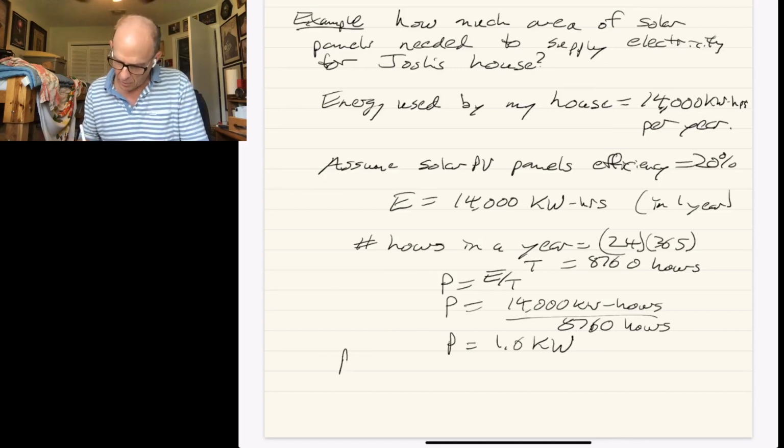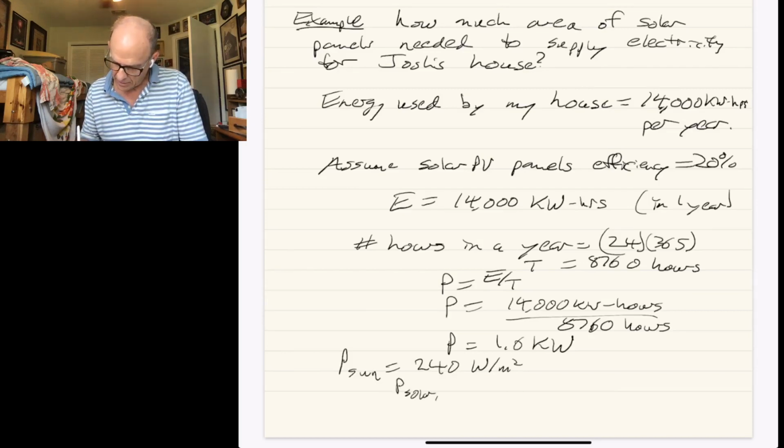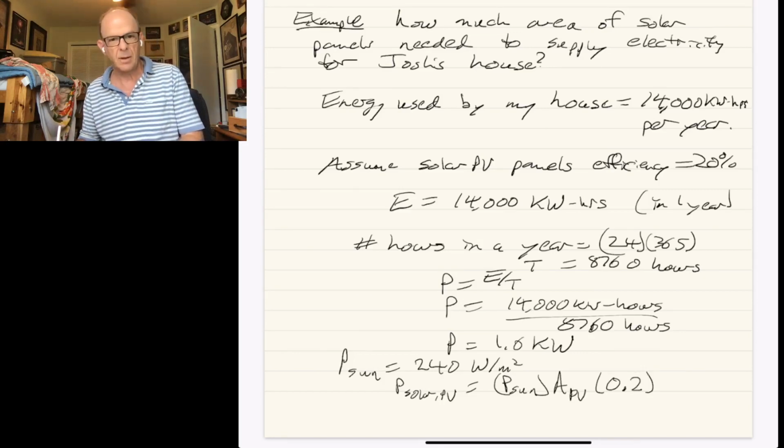Well, the power from the sun is 240 watts per square meter. So the power of my solar PV system is going to be power from the sun times the area of the PV array times that efficiency of 20%, which is 0.2.